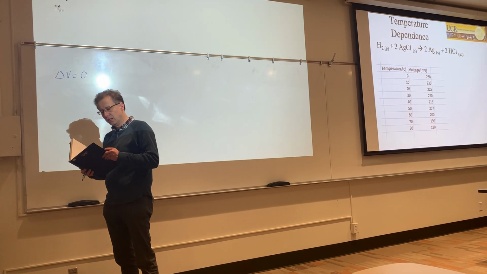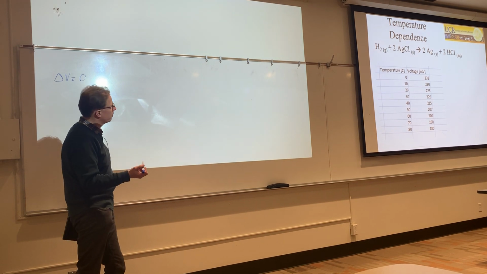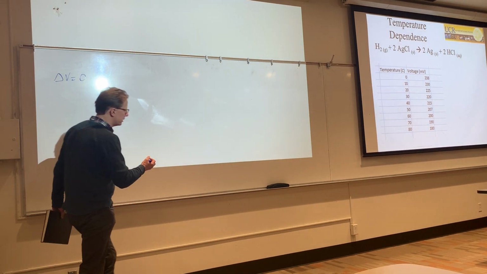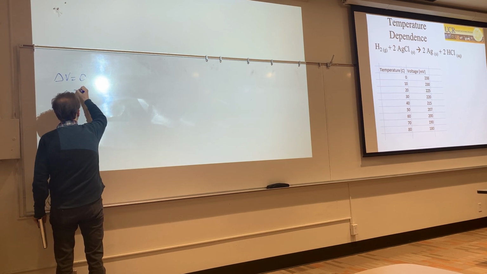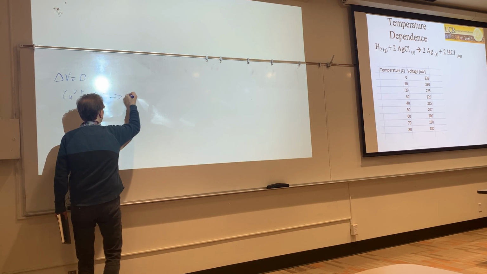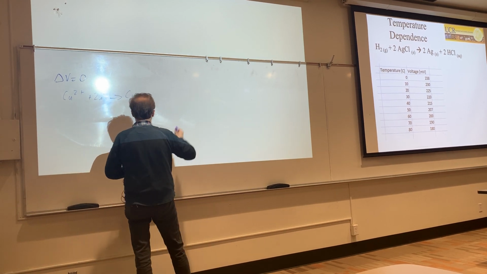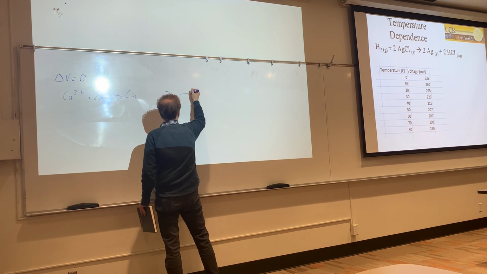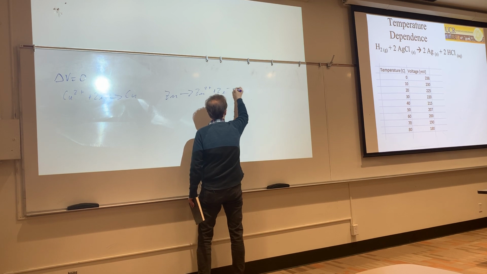So, if I have a Daniell cell, then I have this reaction of copper 2+ plus 2 electrons becomes copper, and I have this reaction of zinc getting zinc 2+ plus 2 electrons.